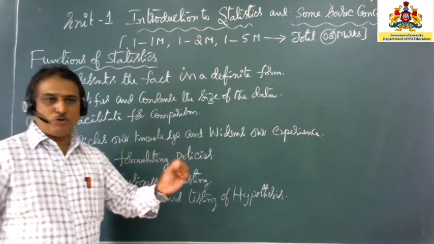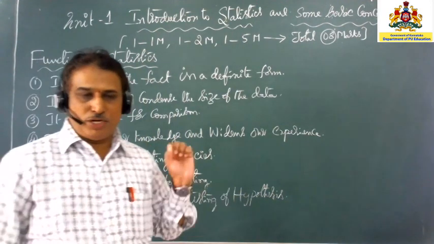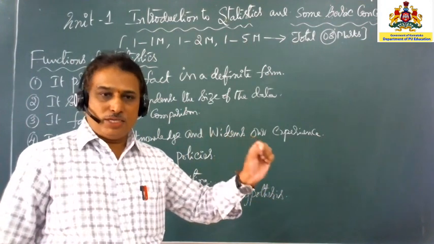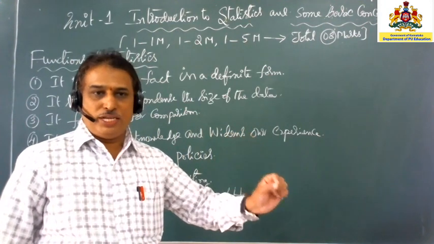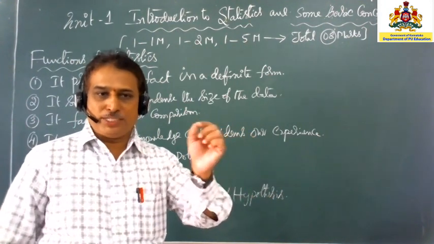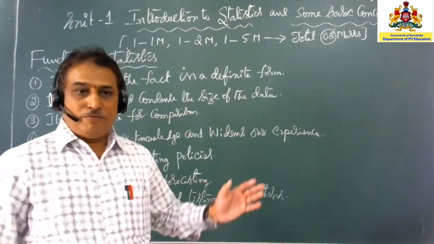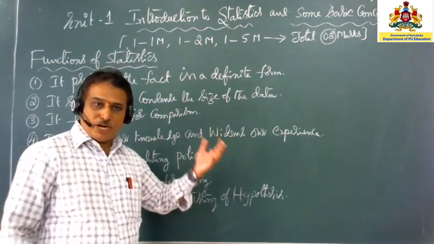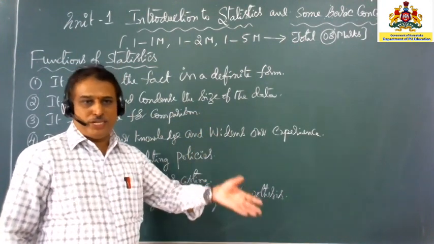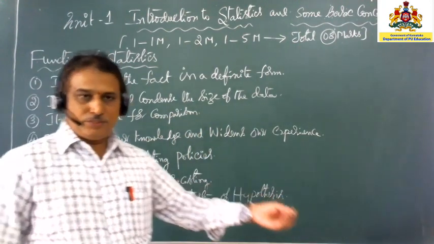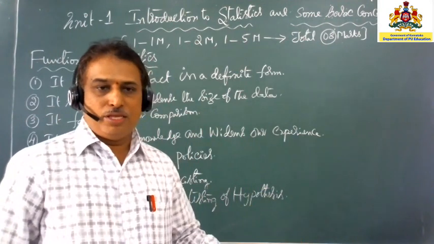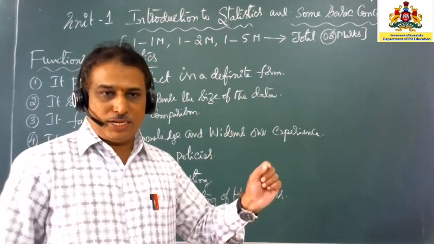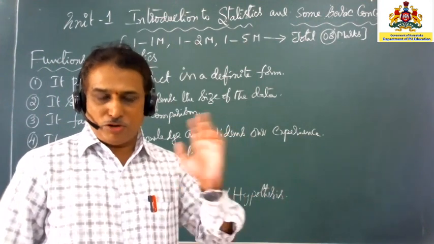For example, one two-wheeler company, Suzuki Access 125, they gave a statement like this: Suzuki Access 125 gives 45 kilometers per liter. But whether the statement is correct or not, we have to take a sample of 50 vehicles of Suzuki Access 125 and do the testing procedure. The first vehicle gives 48 kilometers.